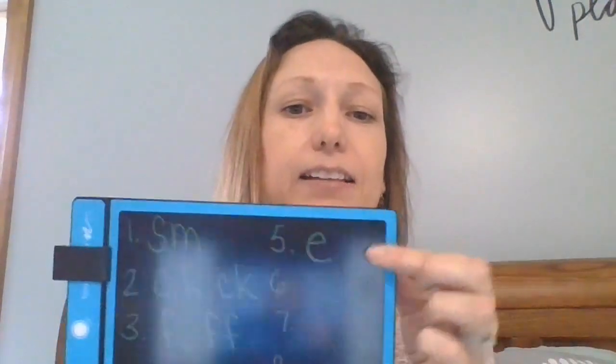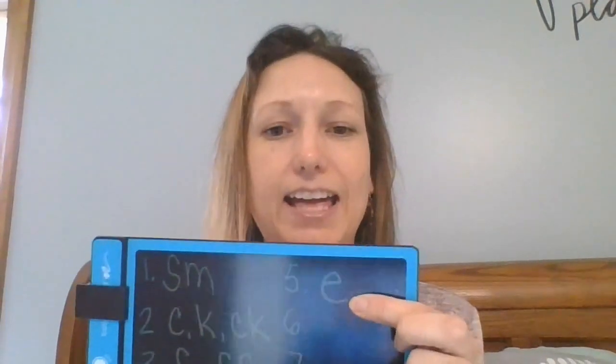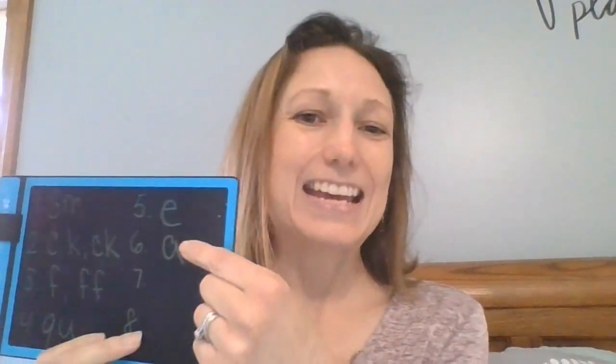Number 5, 1 way to write eh. Eh. How do we write eh? If we stretch it out, Eddie. E, Eddie, eh. Number 6, 1 way to write ah. Did you write A, apple, ah.